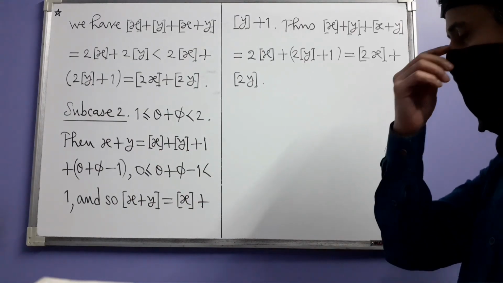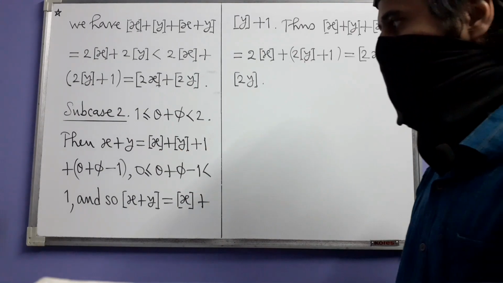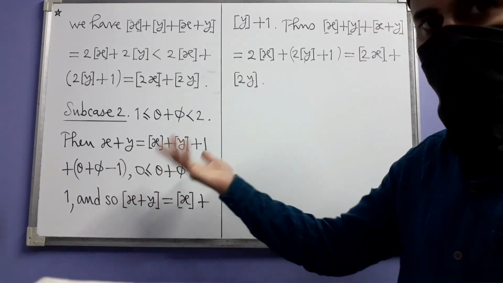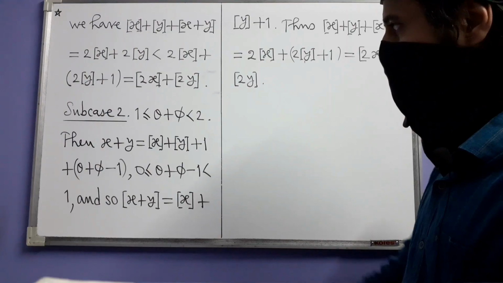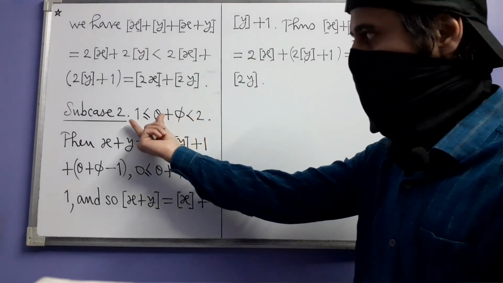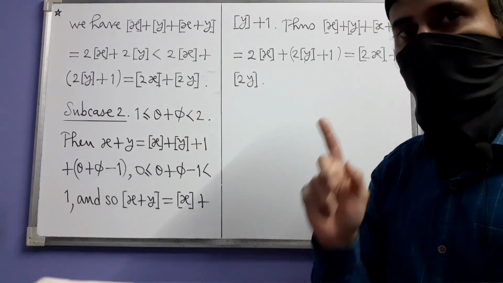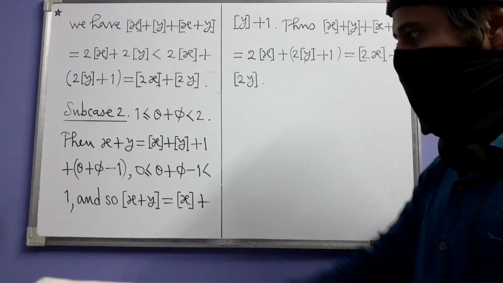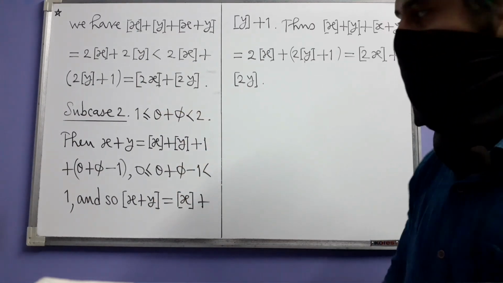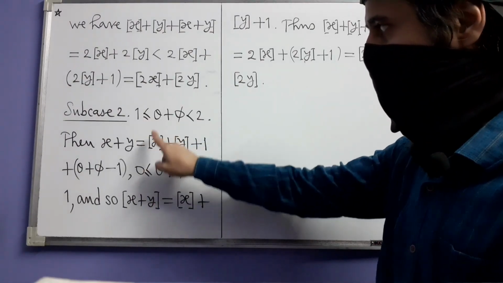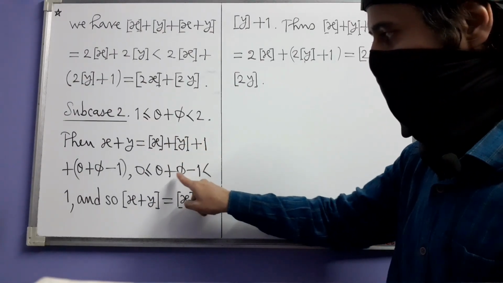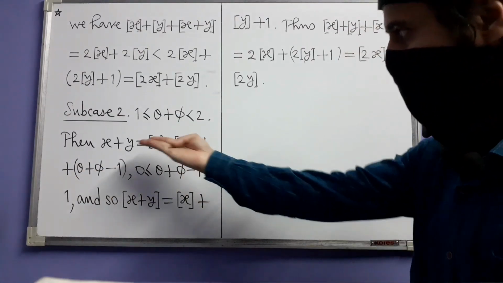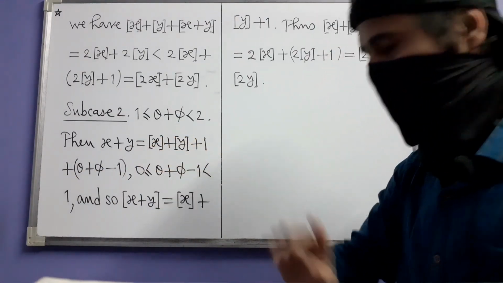I mean, the equation fundamentally has not changed, it still remains that equation. But now from these three terms, 1, theta plus phi and 2, you can subtract 1, obtaining these other inequalities. 1 minus 1 is 0, this middle term becomes theta plus phi minus 1, and 2 minus 1 is 1.